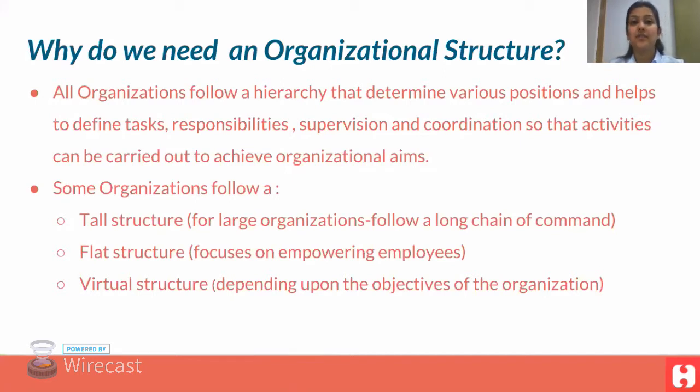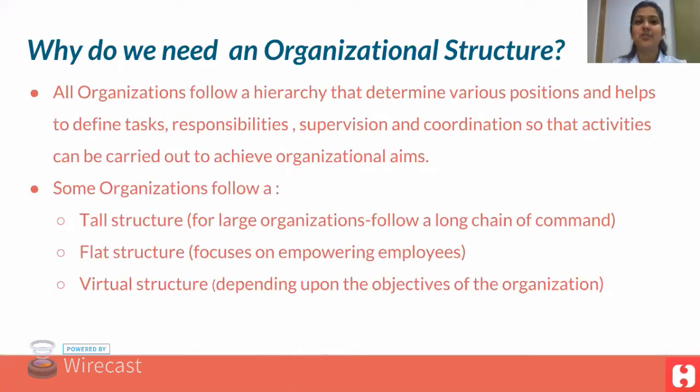Then there is a flat organizational structures which focuses on empowering employees. So it would not be a very tall structure, but rather a flat structure where there would be some employees, and then they would be reporting to their manager, and the manager would finally be reporting to the owner or the CEO of the company. In a virtual structure, the main communication is done through internet and emails.